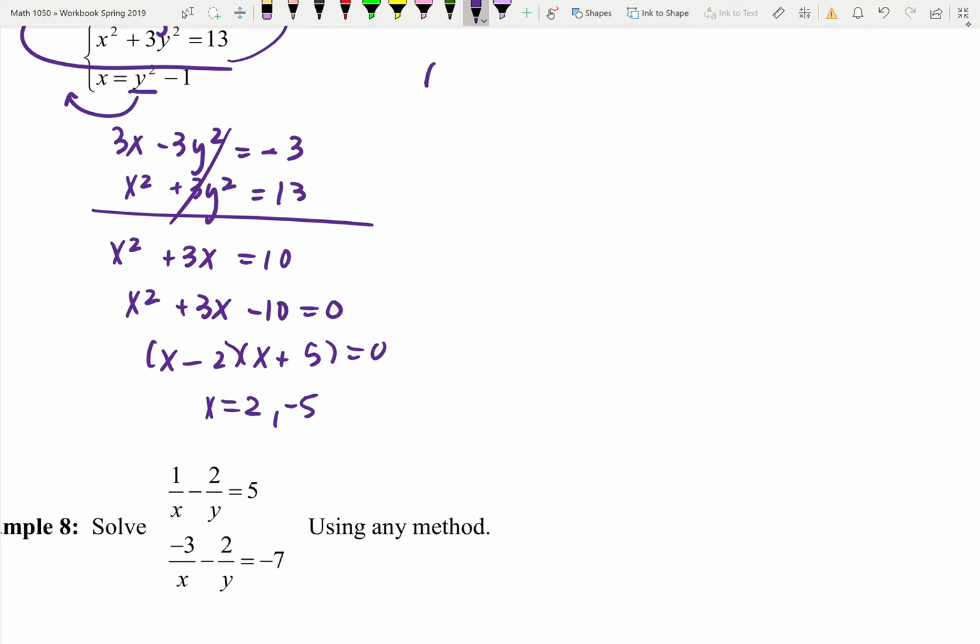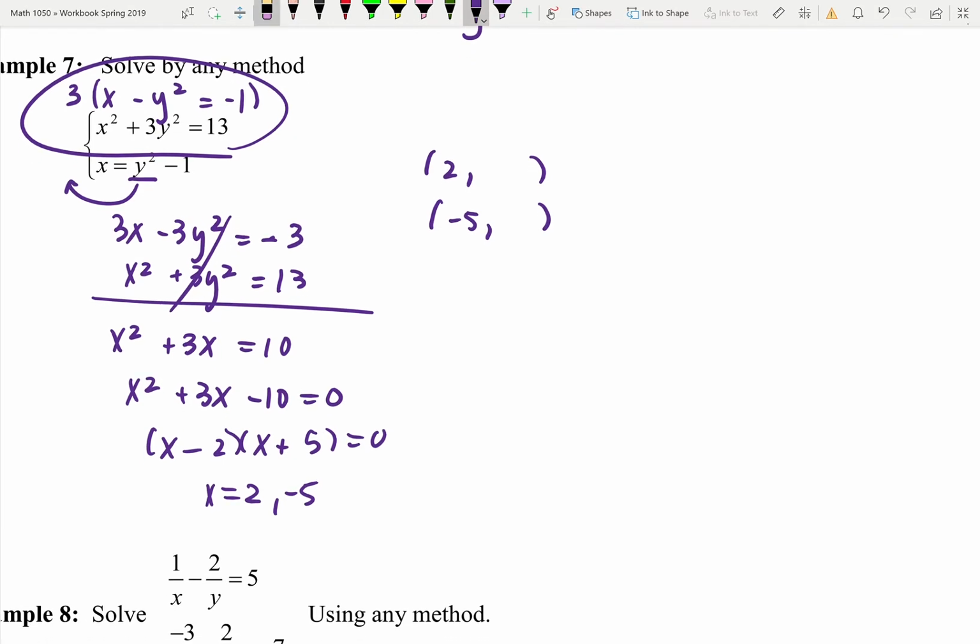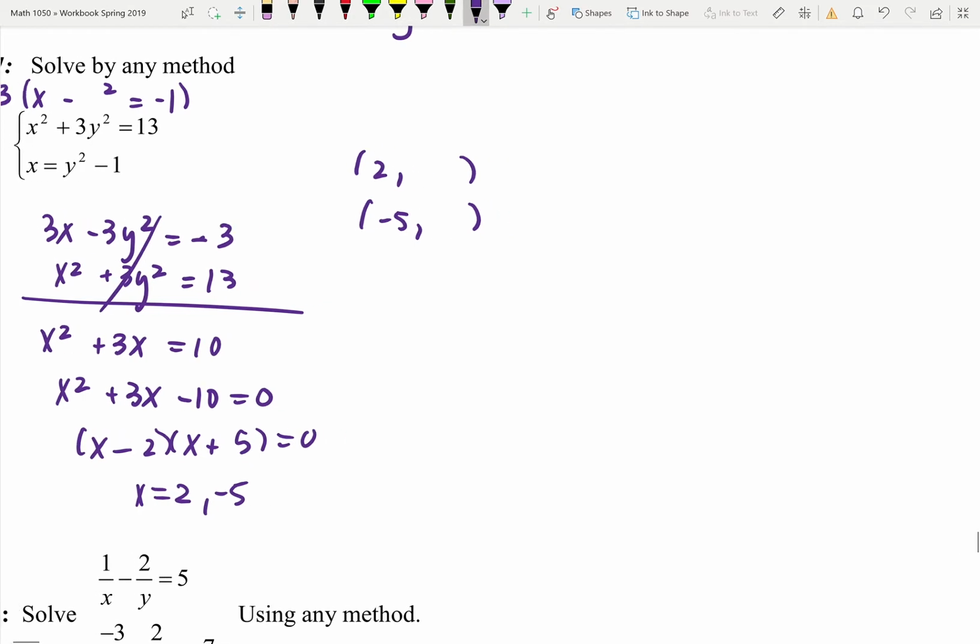Then I'm going to come right here and put a 2 and put a negative 5. I'm putting in for my x and I'm finding my y. Which one do you think is going to be the easiest? Original 1 or original 2? I would do 2. But you know what I'm going to do to 2 first? I'm going to solve it for y squared.